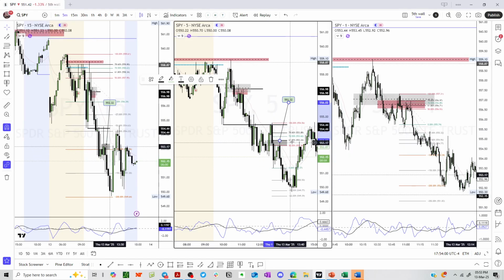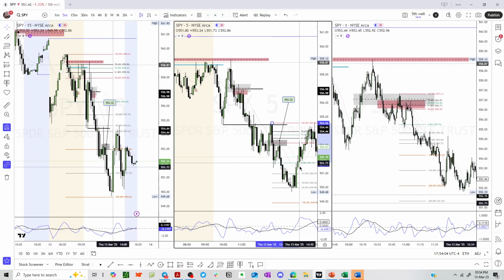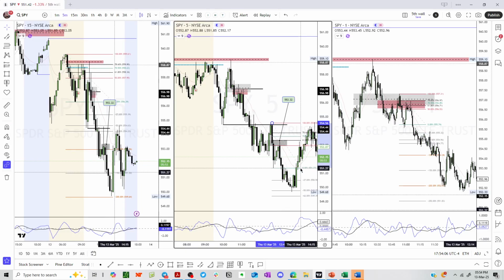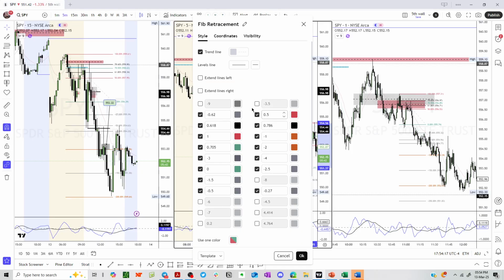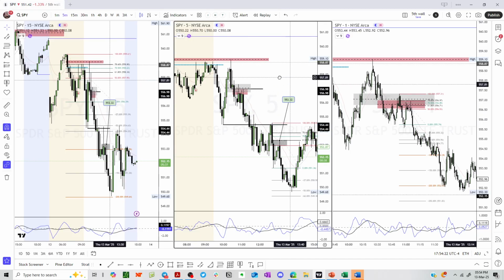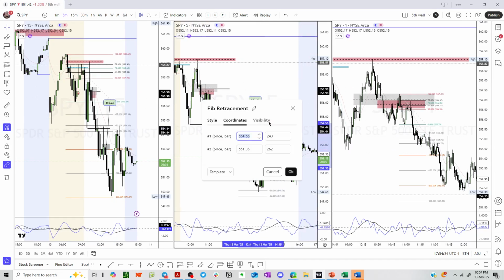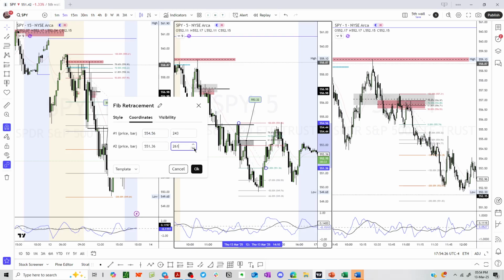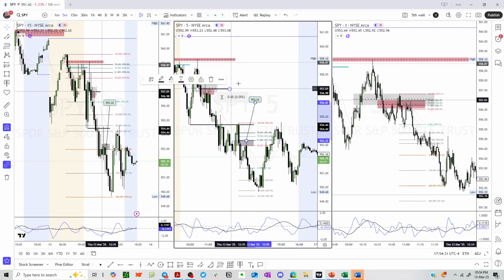Kind of fell short of 61.8, utilizing this level 55137, and this low is 55136. See, 55334. So yeah, still 2 cents off.